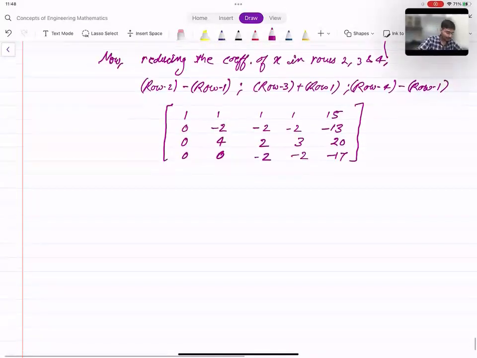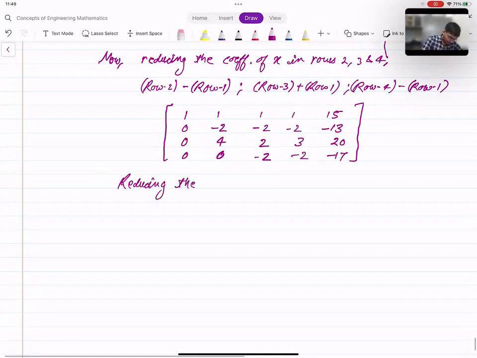Now we will be reducing the coefficients of y in rows 1, 3, and 4.